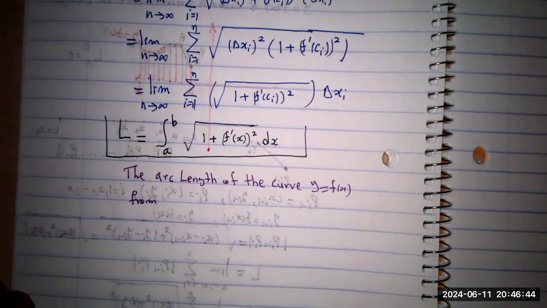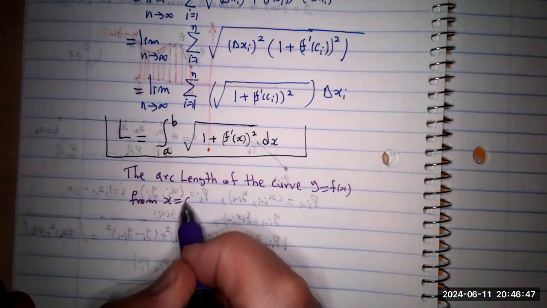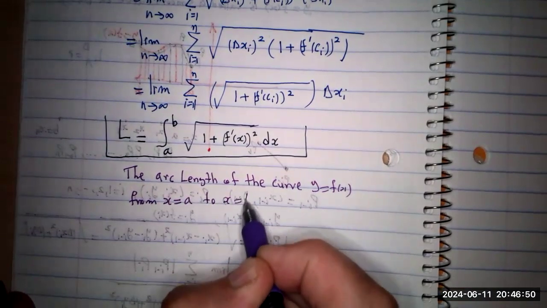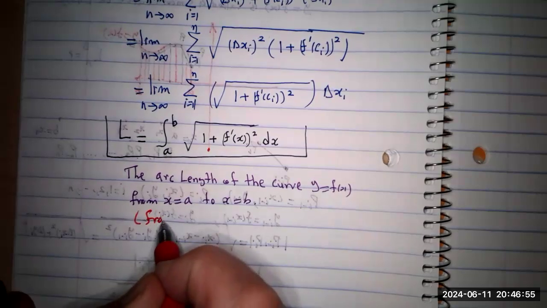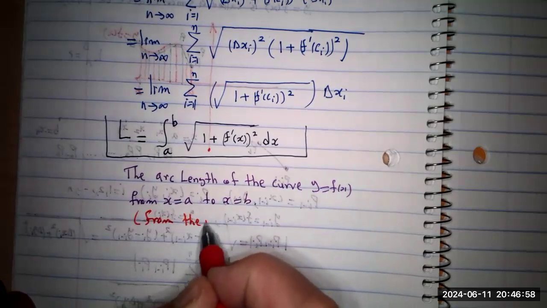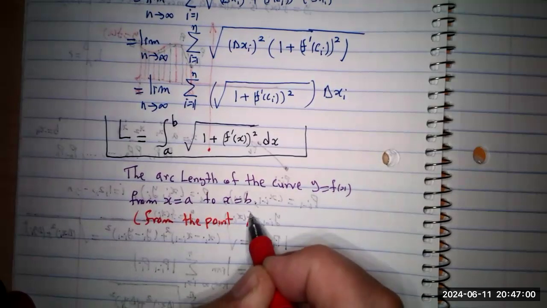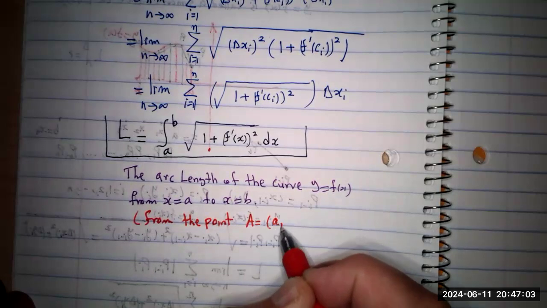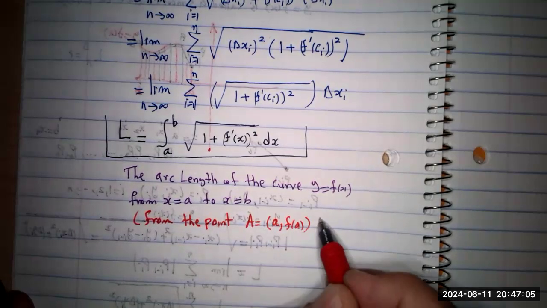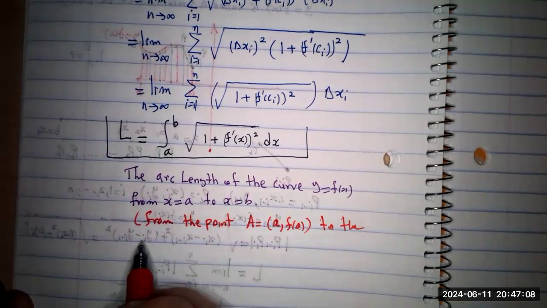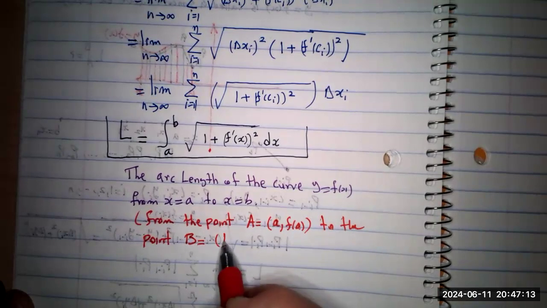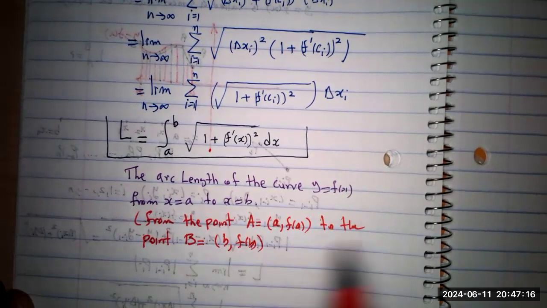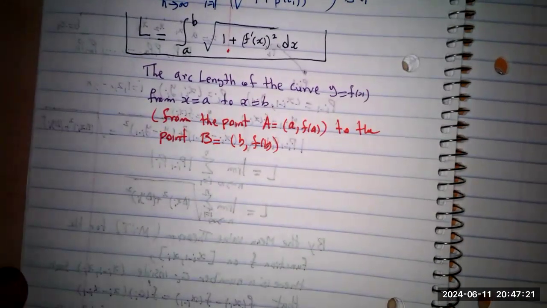You can say from x equal to a to x equal to b, or you can say from the point a with the coordinates a, f of a, to the point b with the coordinates b and f of b. Both of them are the same thing.